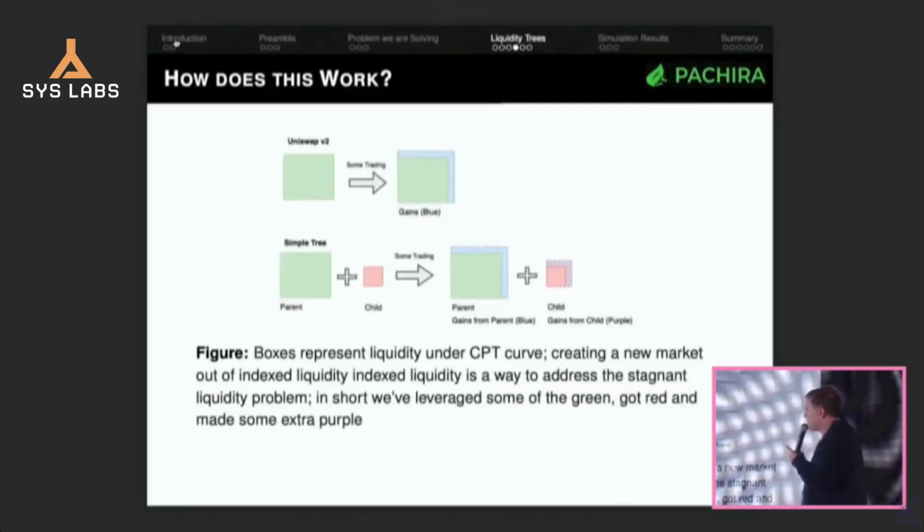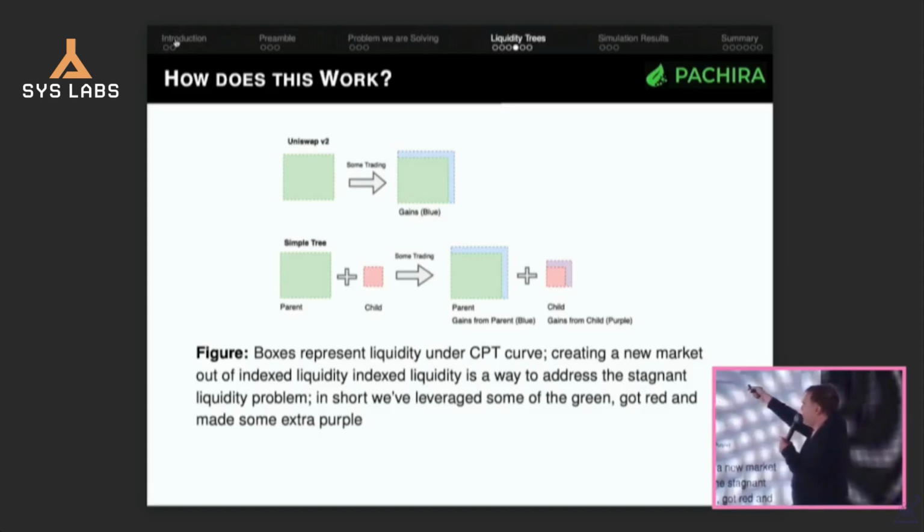So how does this work? On the top here we have a box. The height is Y, the length is X, so X versus Y. X times Y is our liquidity. We do some trading, and because of the 0.3% swap fee, over time the box will grow.